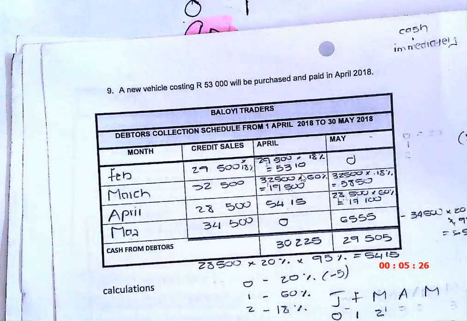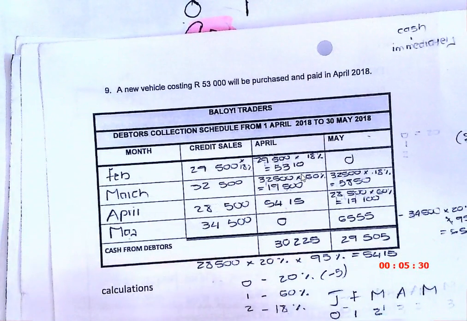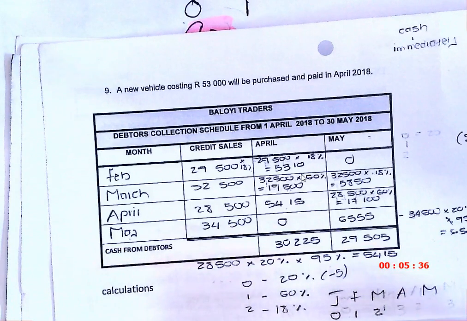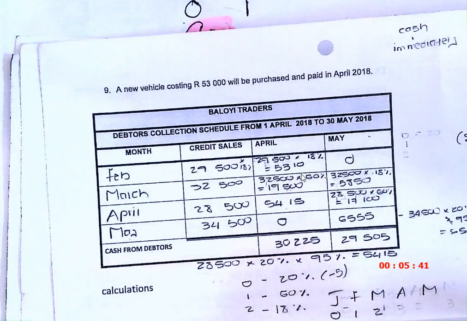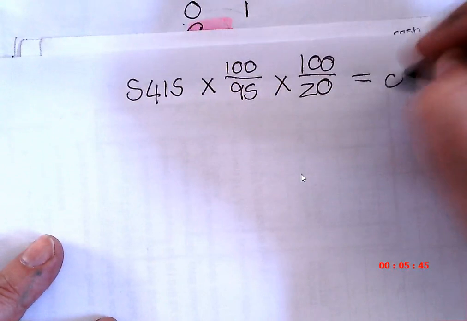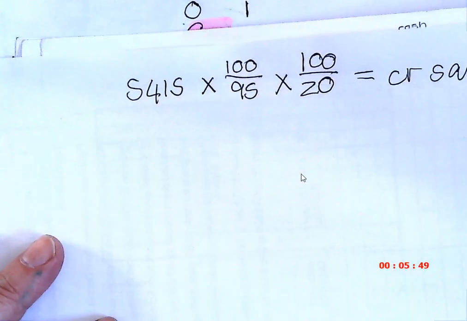I will say 5415 times, I know this is 95% because we gave discount, and I know it's 20% of the debtors. And then I work it back to get the credit sales. Does that answer your question?